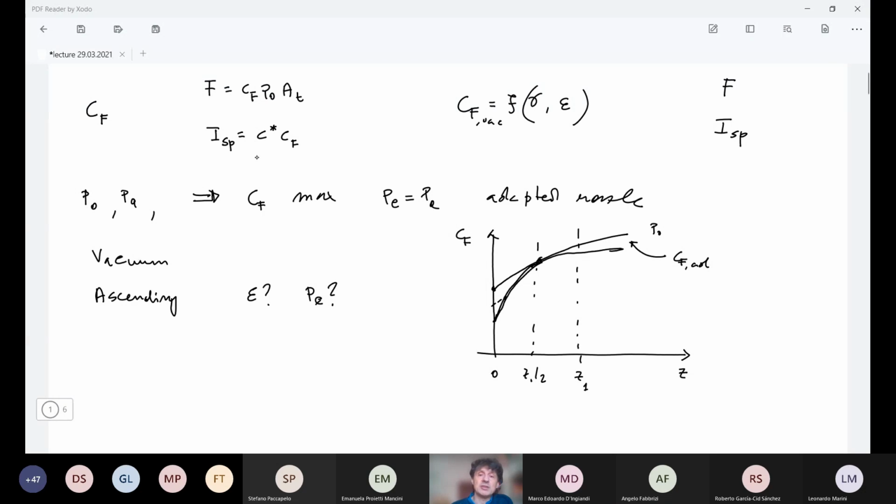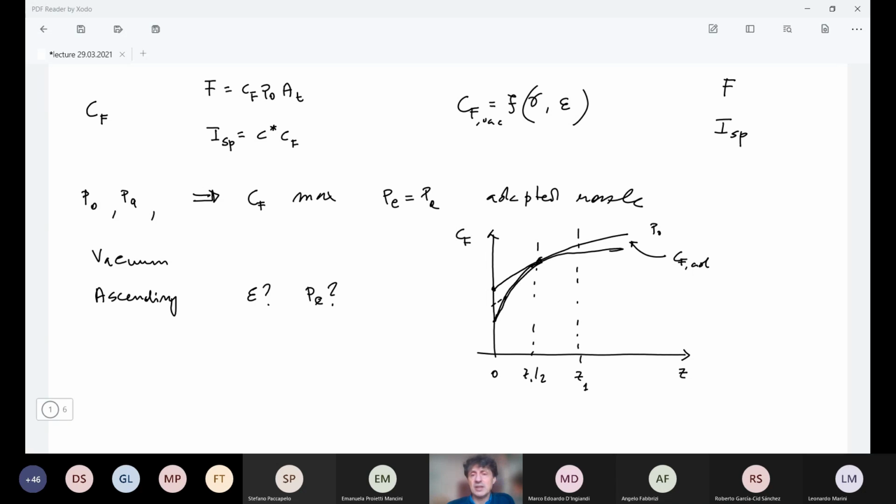And depending on the value of this Z1, of this Z1 half, that is not a rule. Of course, there will be some optimization, but just to say, let's do something. We take as first tentative value the one which is at the middle of the initial and final value of ambient pressure or of altitude. Of course, it's not linear, so it depends on what you choose, and so on. So this is why you should optimize in general.